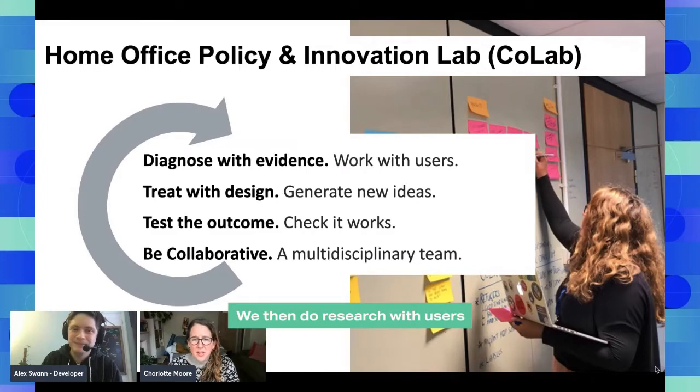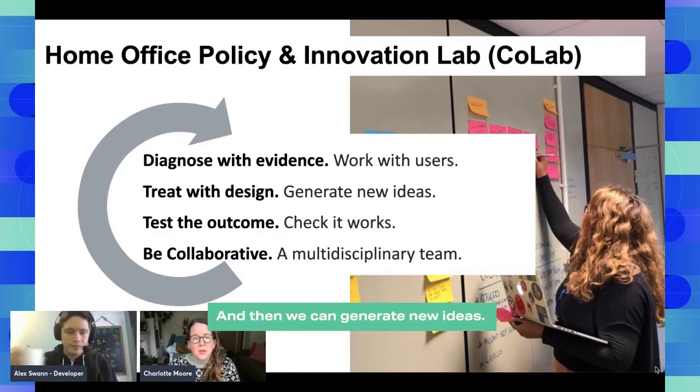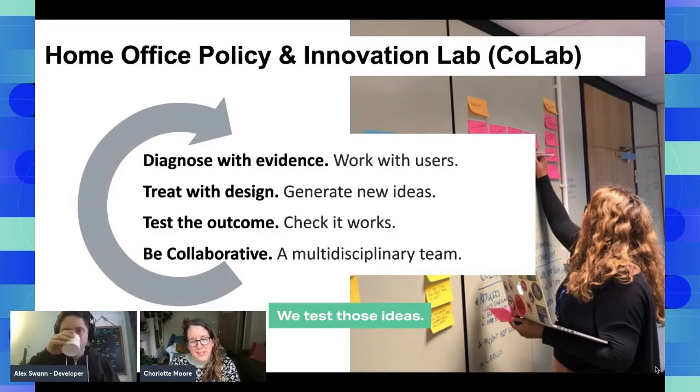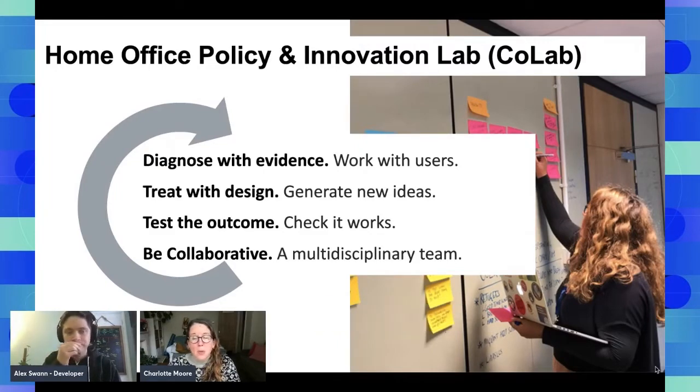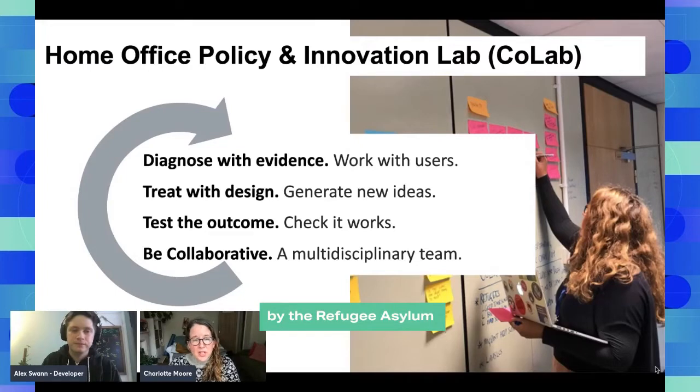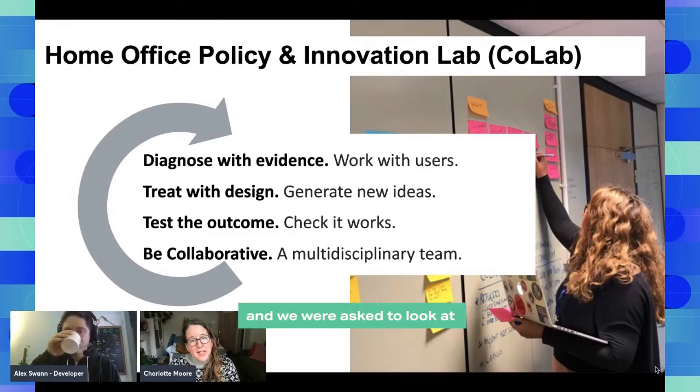We then do research with users and anyone involved in the problem space, and then we can generate new ideas. We test those ideas, we make sure that we have confidence in them, and then hopefully we have a more likely to be successful solution that we work with. So we were engaged by the Refugee, Asylum Support and Integration team in the Home Office, and we were asked to look at the Refugee Integration Loan.